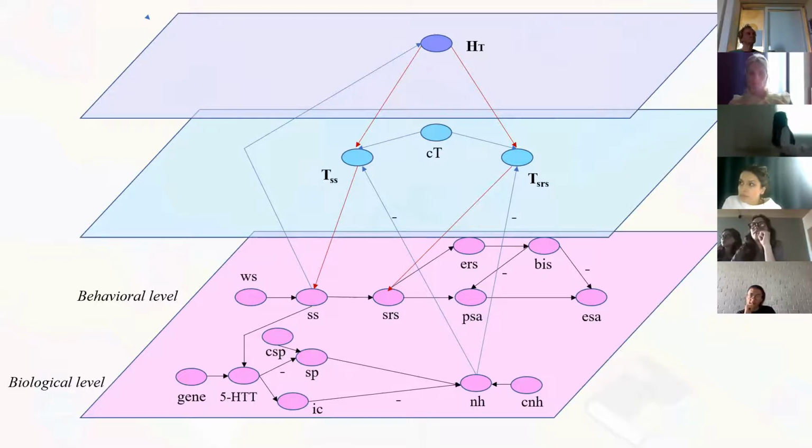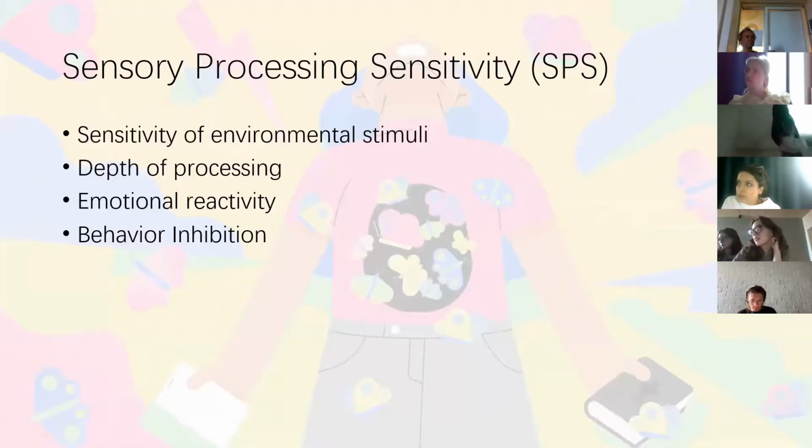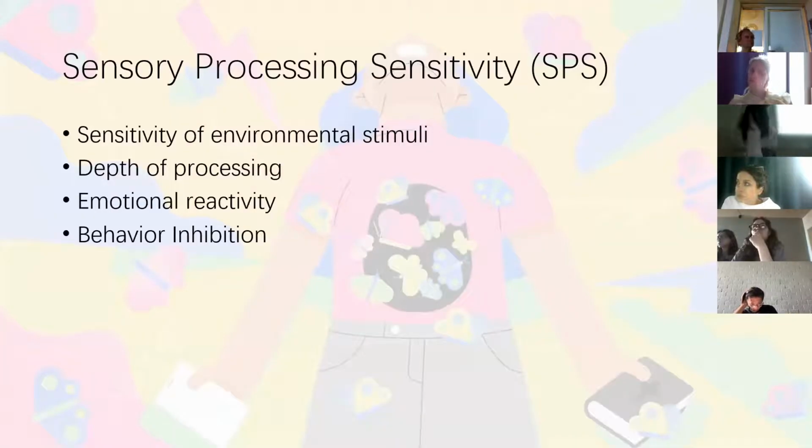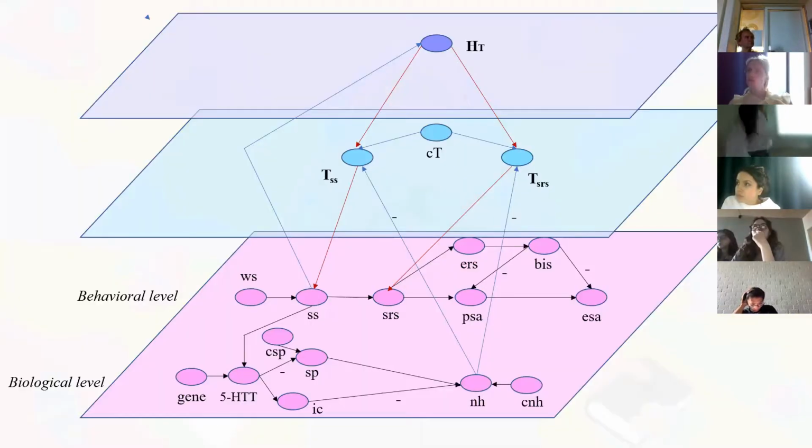We also have a behavior level here, which is your sensory input, your environment, and the sensory state, like how much you take into your sensory processing, which is the first characteristic. Sensitivity of environmental stimuli, we model that one as this node. The next one, the sensory representation state, is the second one, the depth of the processing.